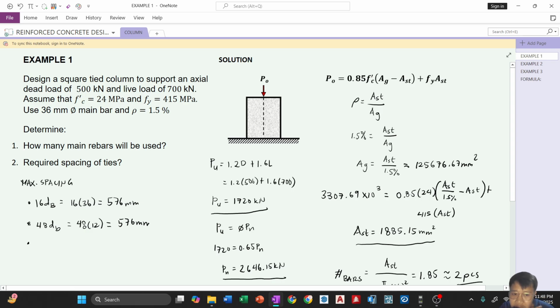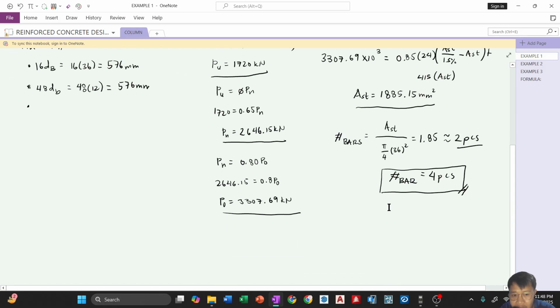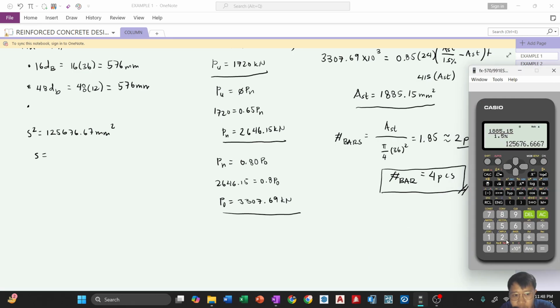So this area here, equate lang natin sa S square, to solve for the side. S square now is equal to, or dito na lang siguro sa taas, S square is actually equal to 125,676.67 mm square.